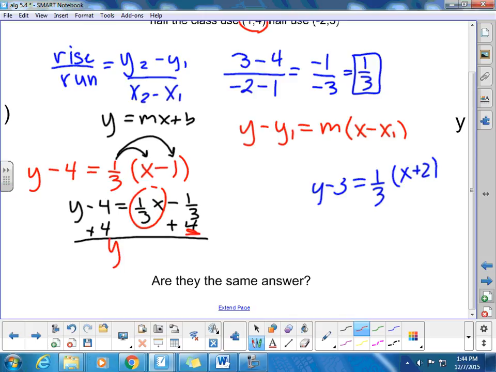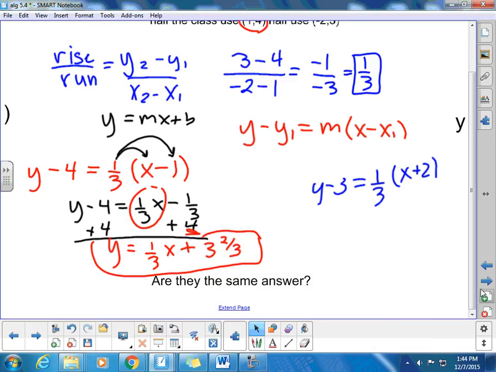So you'd get y equals 1/3 x stays the same. 4 minus 1/3 is going to be plus 3 2/3. So now we have y equals, this is a nice beautiful y equals mx plus b equation.